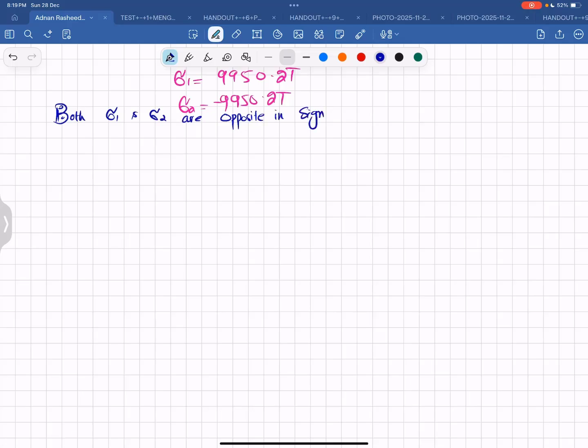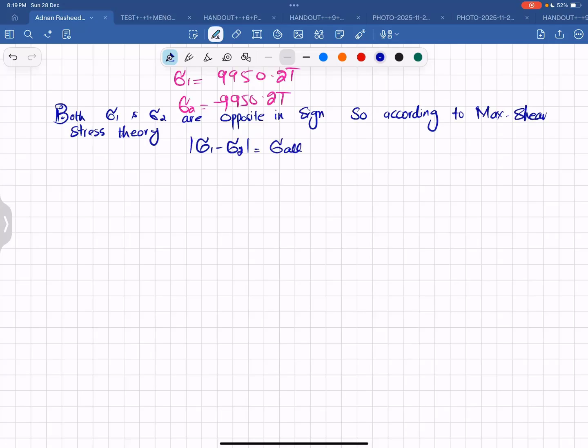When both principal stresses are opposite in sign, according to the maximum shear stress theory, we will take sigma 1 minus sigma 2 equal to the allowable shear stress.